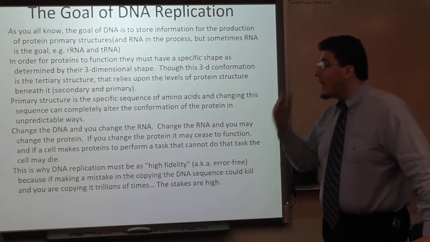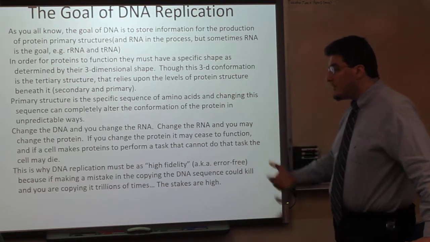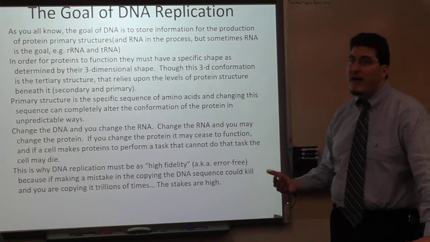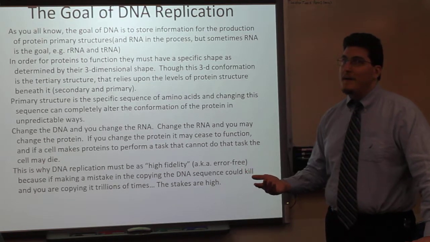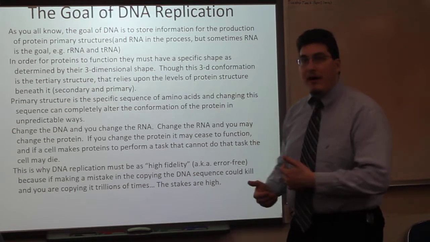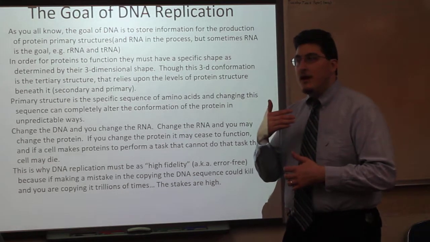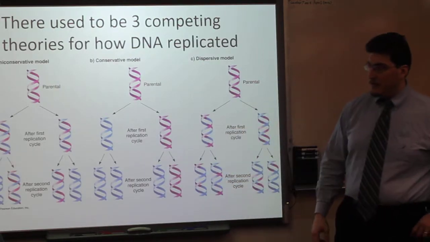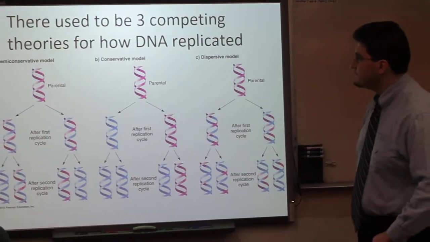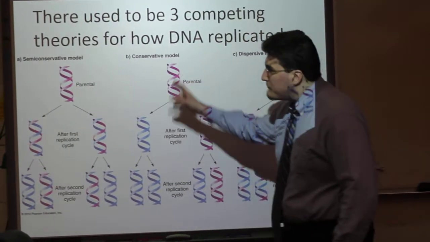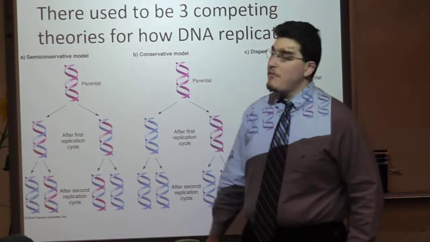So if you're copying DNA trillions of times, and any single time that you fail, you could die, those are pretty high stakes. So let's talk about the ways in which we replicate DNA. There were three competing theories for how DNA was replicated. We had the dispersive model, we had the conservative model, and we had the semi-conservative model.